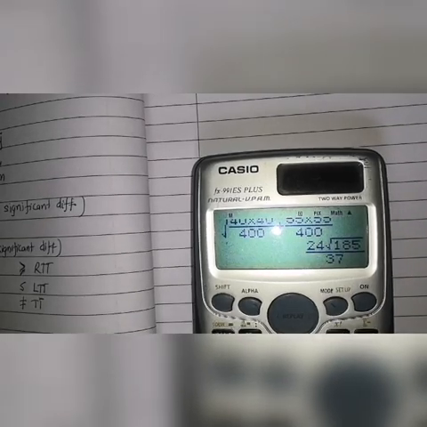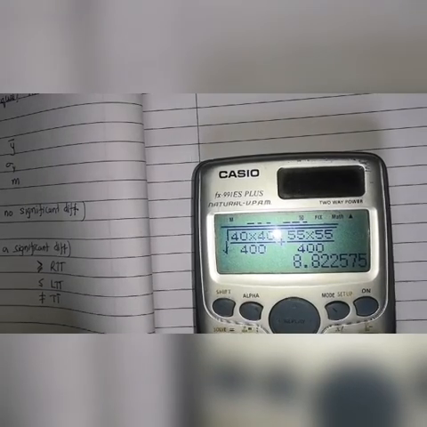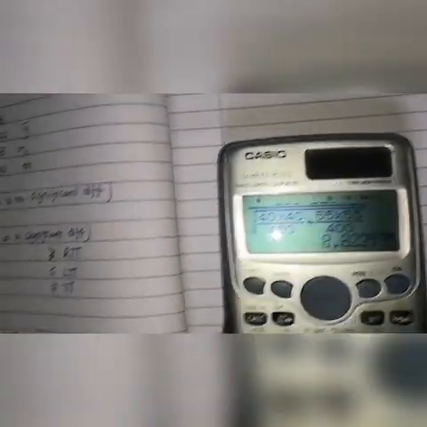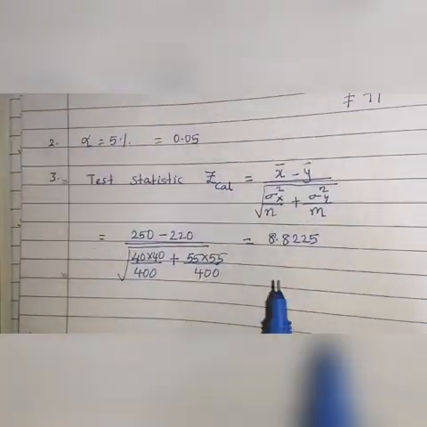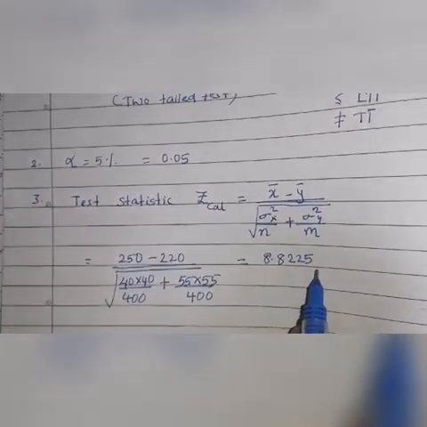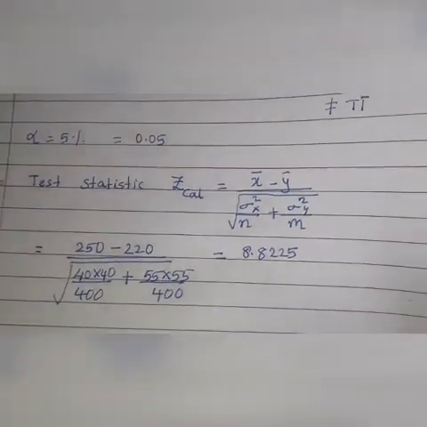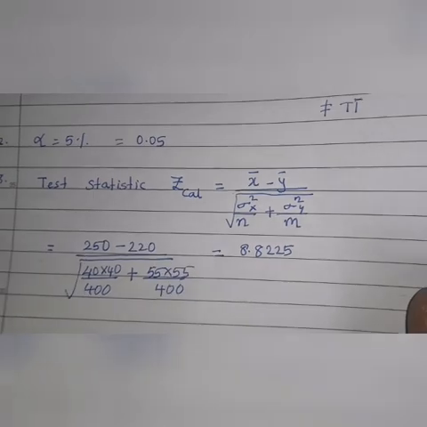So we get 8.8225. So the test statistic value has been calculated. Now the next step is to find out the critical value.